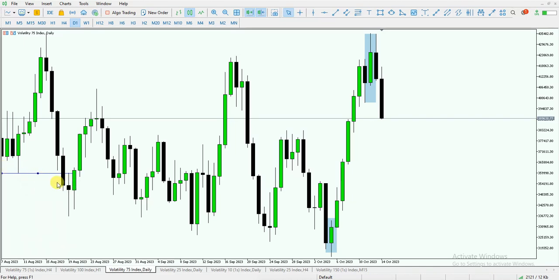We want to see that the swing low will be formed, and after the swing low is formed, this three candle formation is day 1, day 2, and day 3.